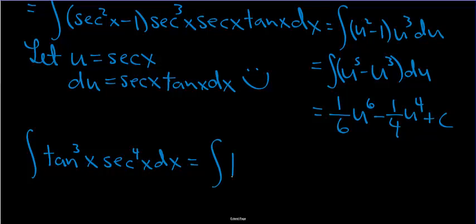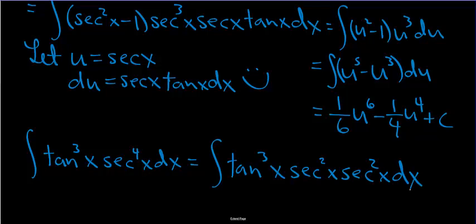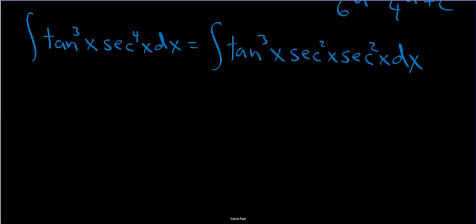So I've got tangent cubed x, and I've got secant squared x, secant squared x. Okay, is this going to work out for us? What do you think? Well, tell me what I should do next.